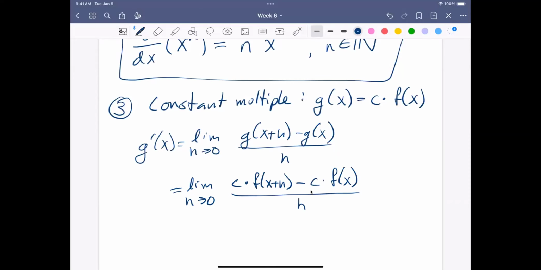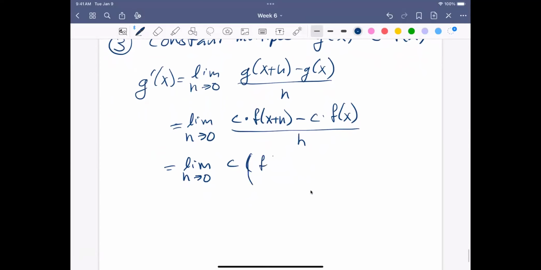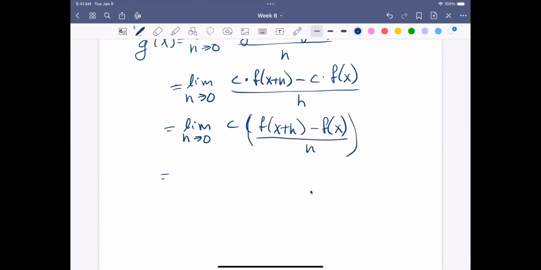Anyone want to help me out on what maybe we could do to that numerator? Take out the c, factor out the c, exactly. So I can factor out the c and get f of x plus h minus f of x all over h with a c on the side. But because this is a constant value, I can actually pull that all the way out of the limit.